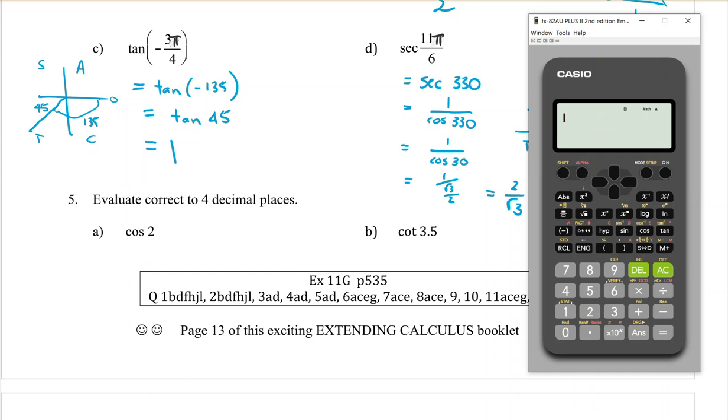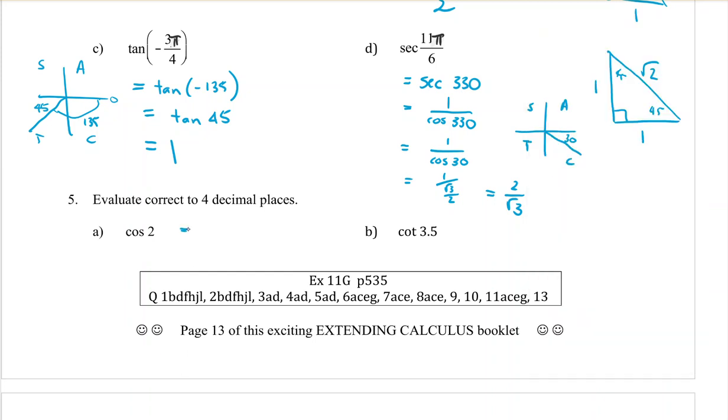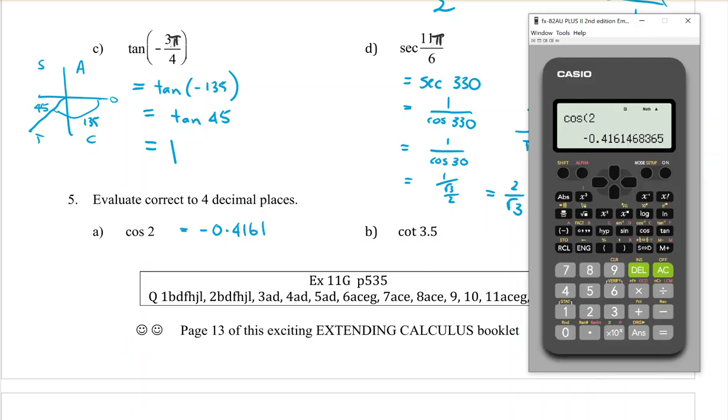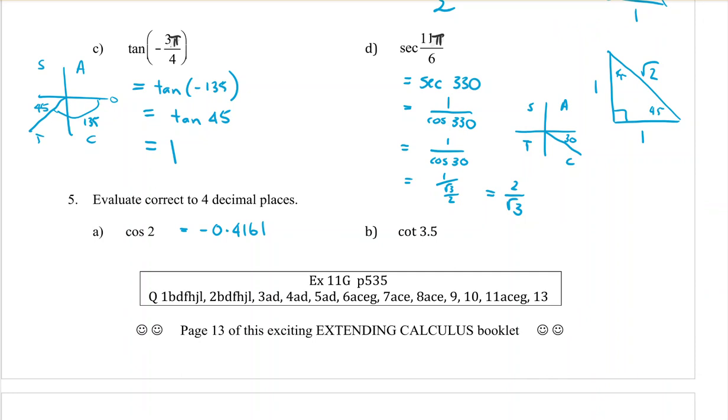So all you want to do is type in cos of 2, press equals, and you want to write down the answer to 4 decimal places. So that's minus 0.4161. Then the other one, cot. Cot is a bit more of a problem.